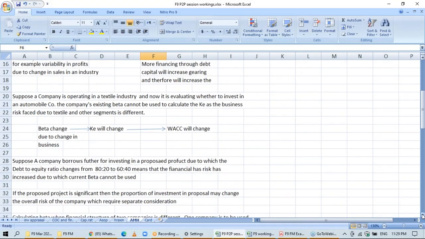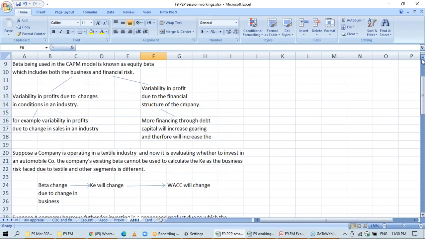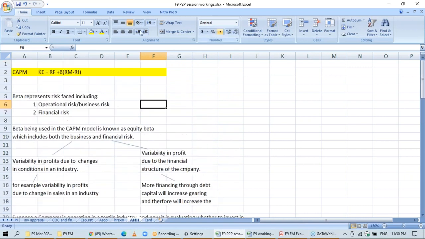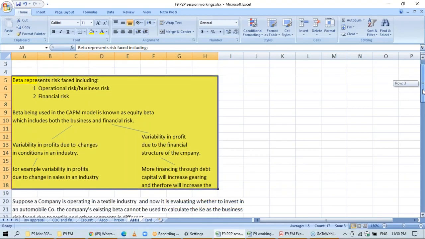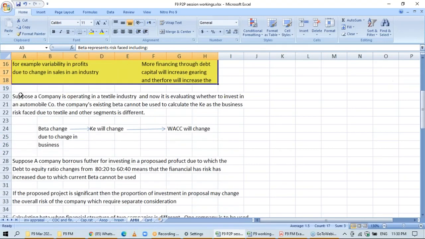Okay. Now, the next point regarding the beta. Let's suppose a company is operating in a textile industry. Okay, we have covered this area till now, and now this is an example.